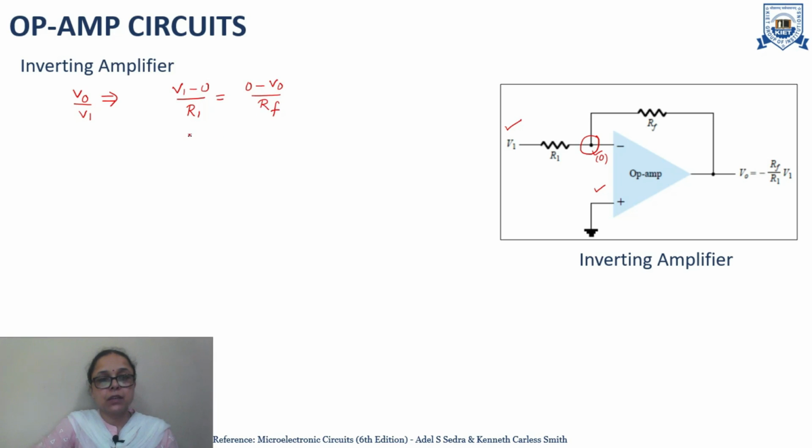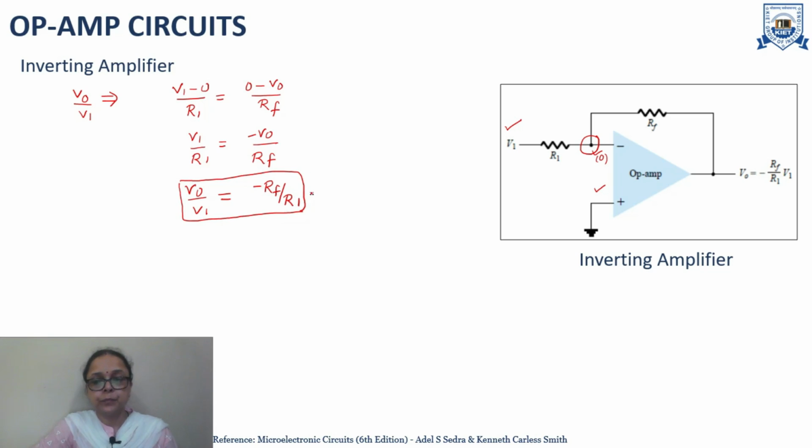So it can be written as V1 by R1 is equal to minus VO by RF. So VO by V1 can be written as minus RF by R1. So this is the expression for the voltage gain of the inverting amplifier.